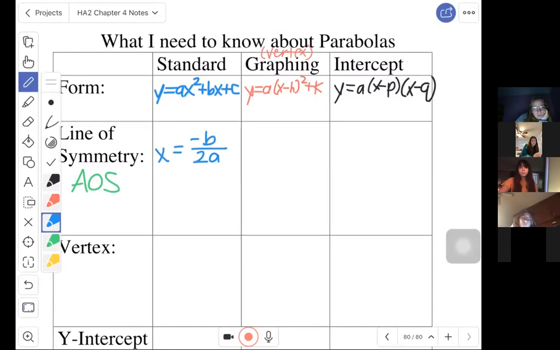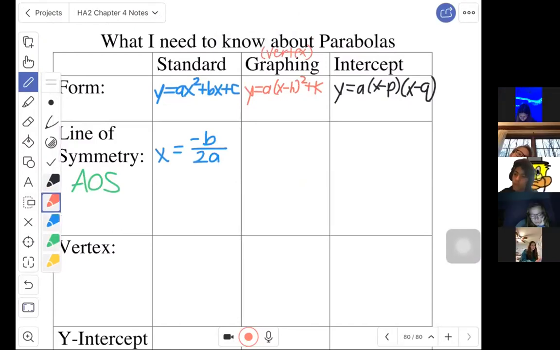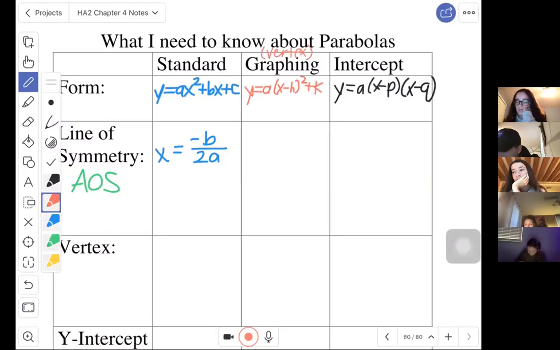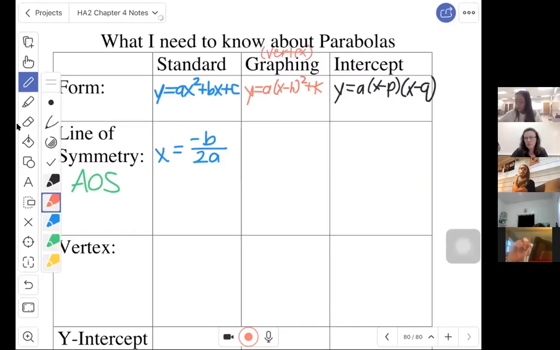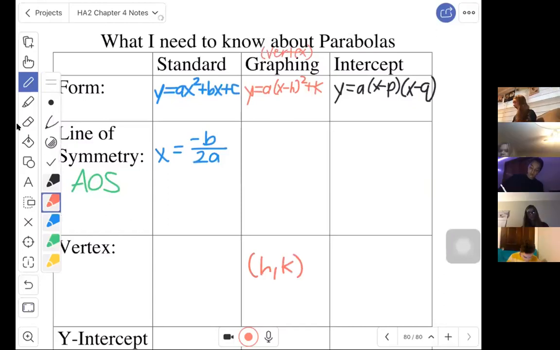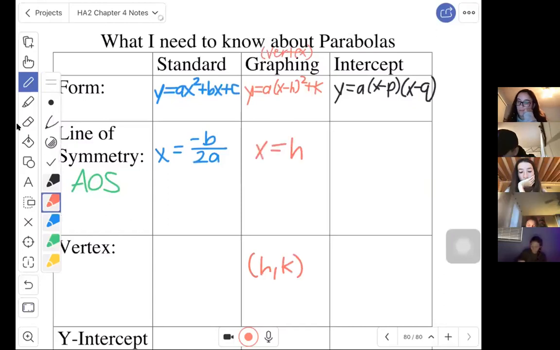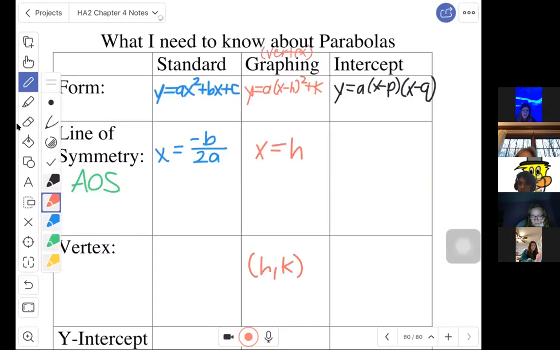Now when we think for vertex form, that axis of symmetry. Ava R., what's our axis of symmetry for vertex form? It's H, K. Yeah. So you're even getting, that's our vertex, but yeah. Oh, I knew exactly what you meant. Our x is there is H. You're good.